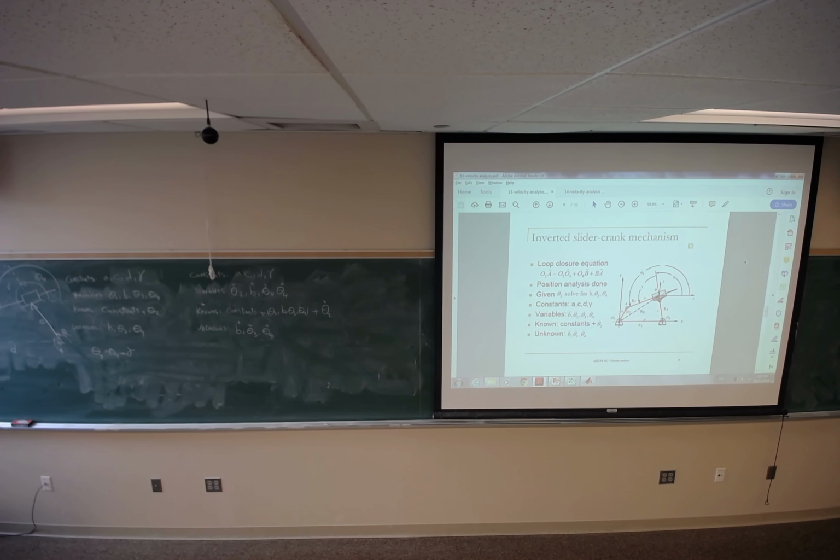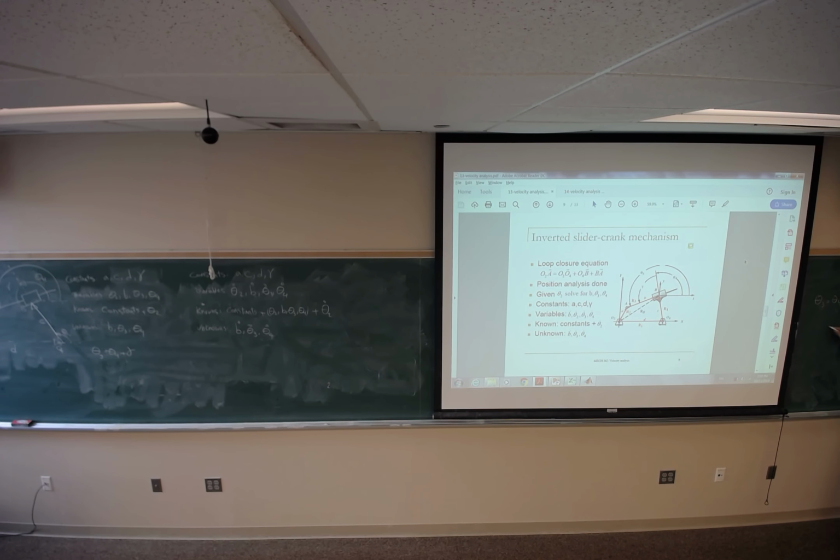Again, we have 3 unknowns, but we expect to get 2 equations from the velocity equation. What would be the relation between omega 3 and omega 4? Theta 3 equals theta 4 plus gamma. So you are saying that omega 3 is omega 4 plus gamma dot, and gamma dot is 0.